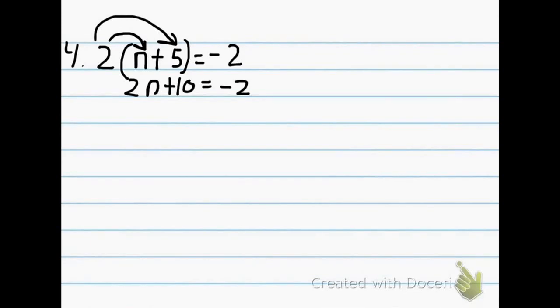So the first thing that's happening to my variable is that it's being multiplied by 2. Then it's being added by 10. So instead of adding by 10, we have to subtract by 10.